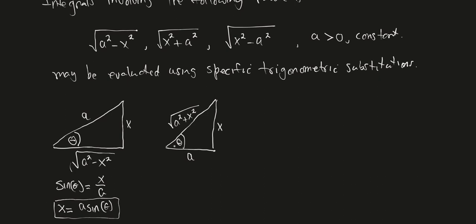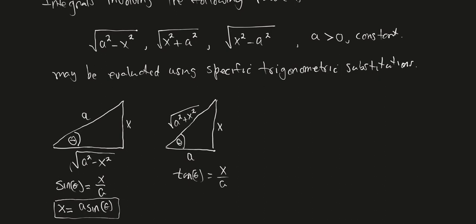Now let's see if we can find a relationship between the angle there and this x and this a. So the ratio would have to involve the opposite side and the adjacent side. That sounds like tangent. And in fact, if I ask, what is the tangent of my angle theta? Well, that's x over a.